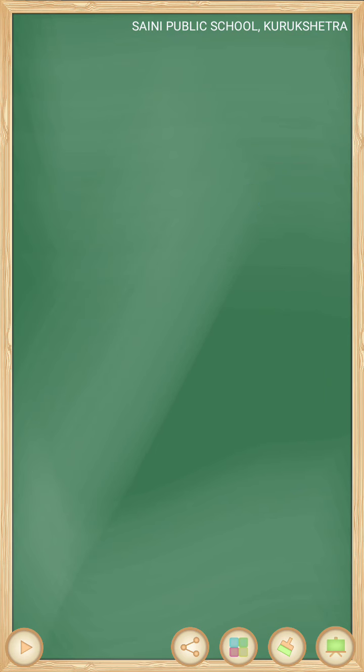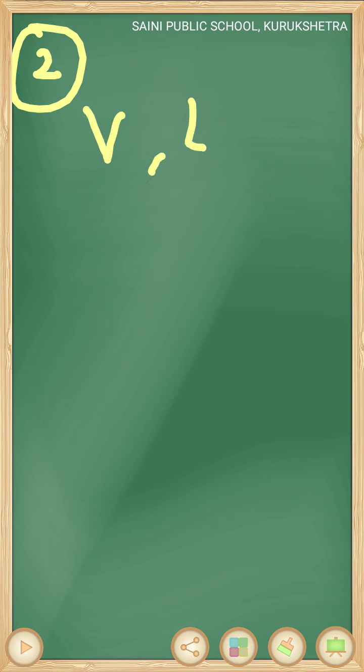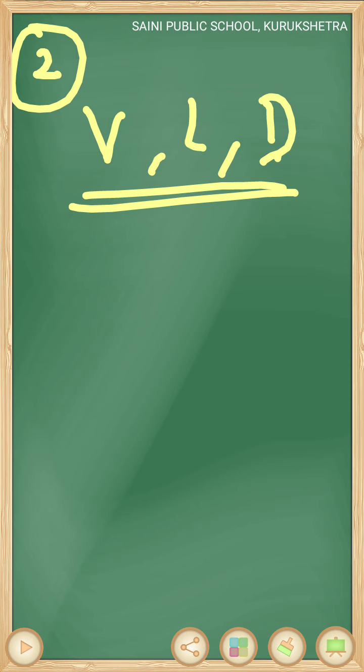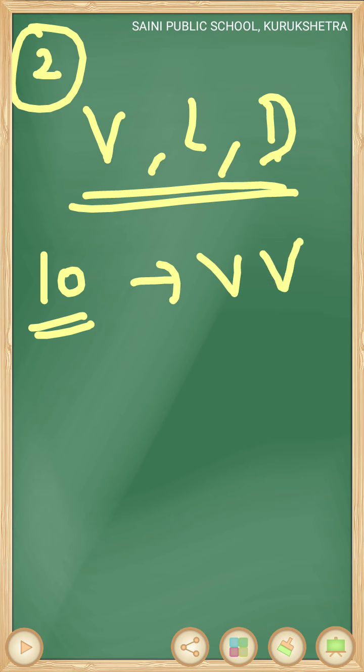Now let us move to the second rule. The second rule says that the symbols V, L, D are never repeated. We can't repeat them. For example, if I want to write 10, I can't write V 2 times, making 5 plus 5, 10.